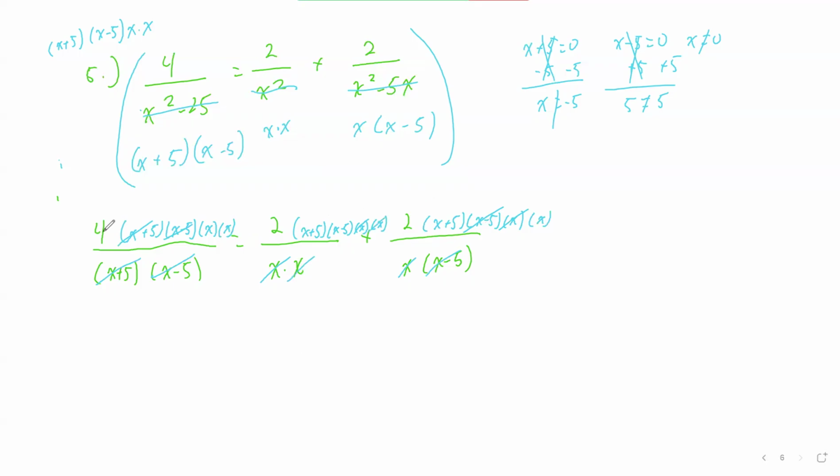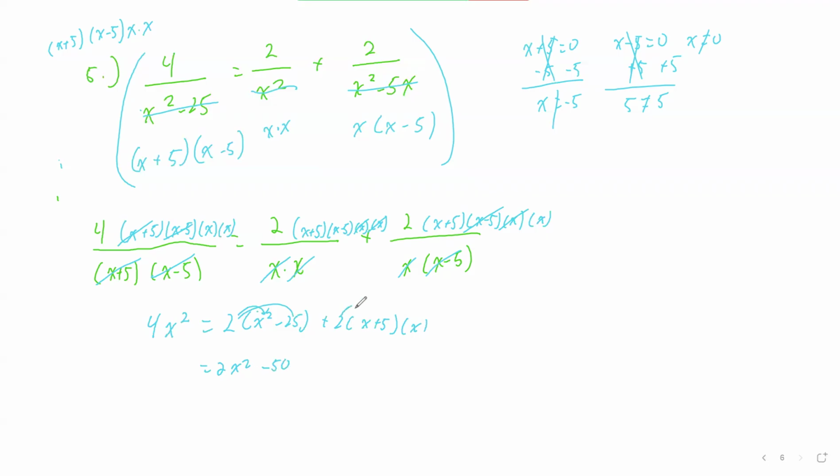So now I actually get 4 times x, which is 4x squared. Then I have 2 times x plus 5 times x minus 5, which we know is x squared minus 25, plus 2 times x plus 5 times x. Let me clean this up. This gives me 2x squared minus 50.